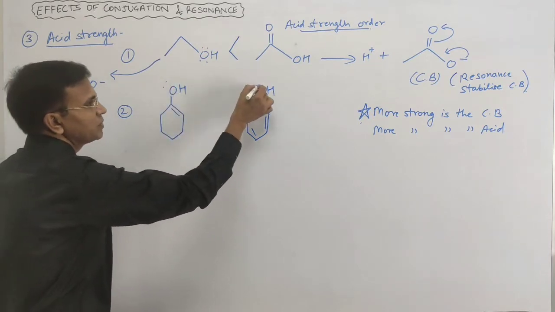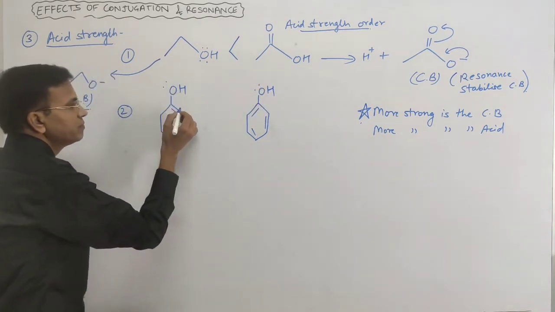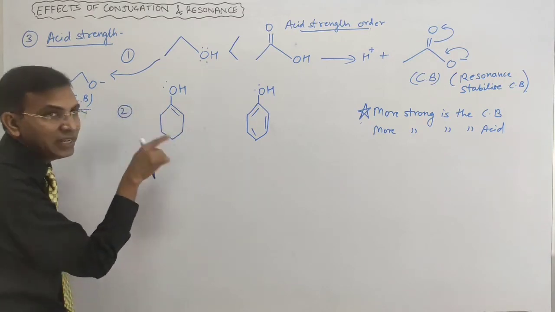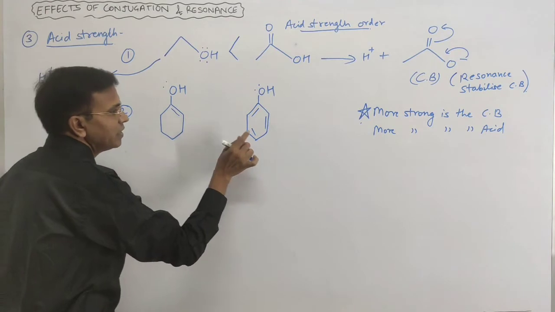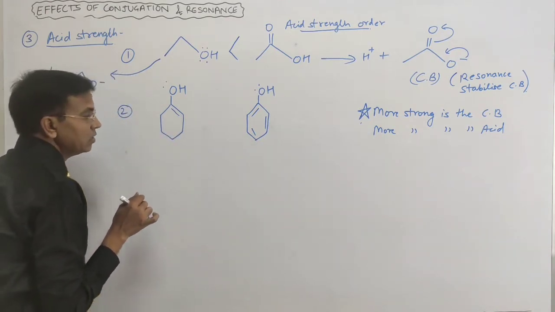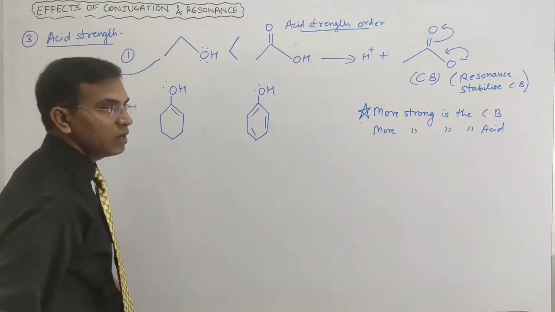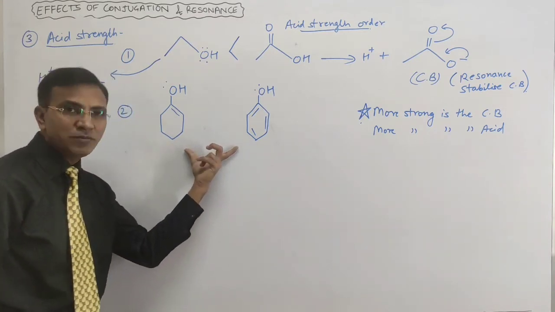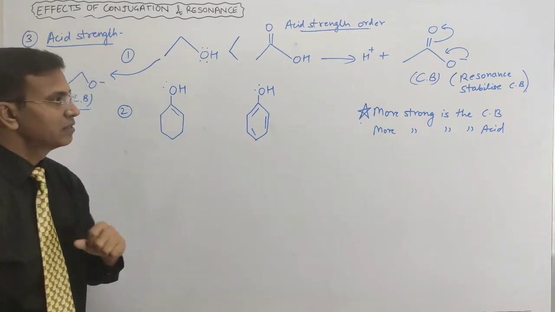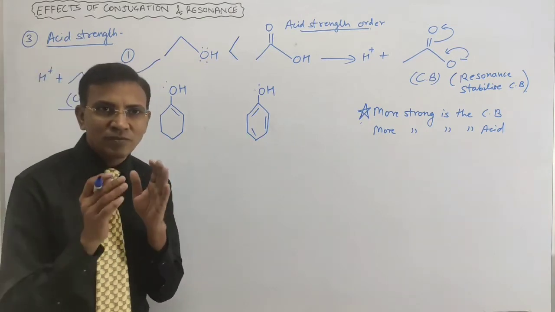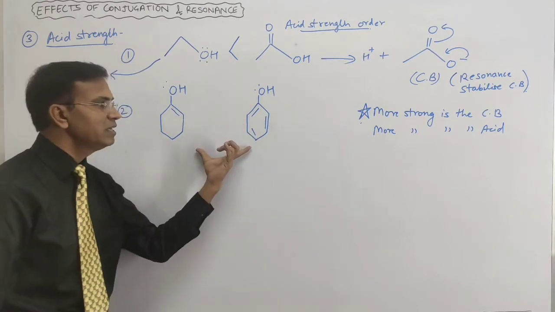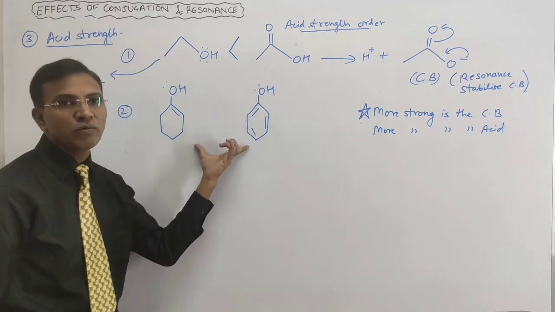So here, in the second question, this species and this species. Here is the lone pair of electrons present on the oxygen atom. The lone pair of electrons is in conjugation with the pi electrons of the cyclic ring. So here is the benzene, here is the cyclic hexene. So how do we compare? Both the species have a resonance stabilized conjugate base, but to know which species has the more stable conjugate base, we have to see which species has the weaker base.